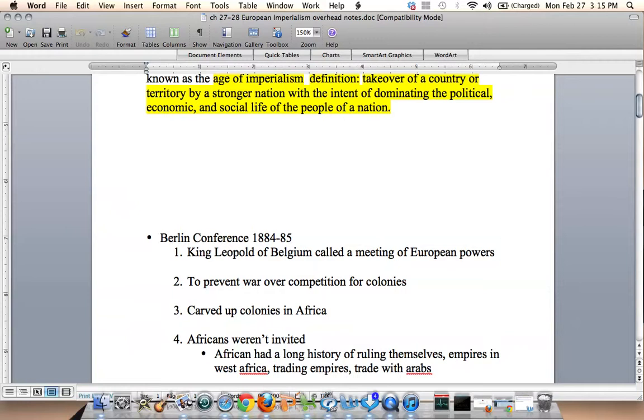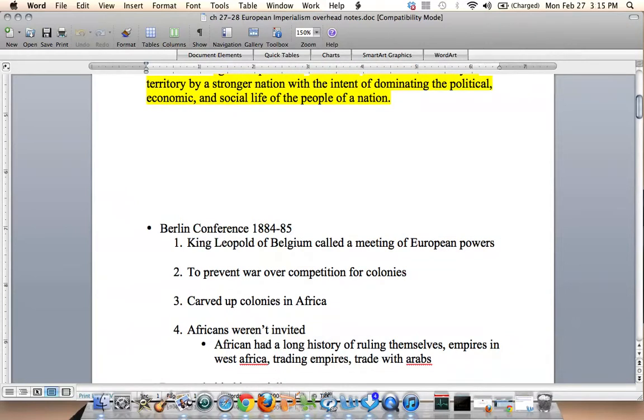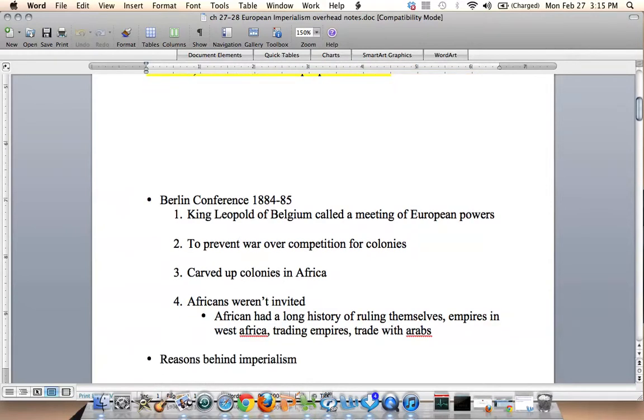And that's because some European monarch wanted that piece of land. And Africans, even though they had a long history of ruling themselves, as we looked at in the Griot Tales, it's not like they were just these primitive peoples.